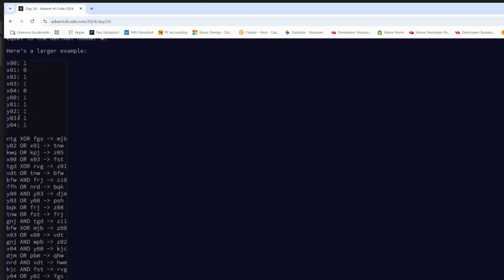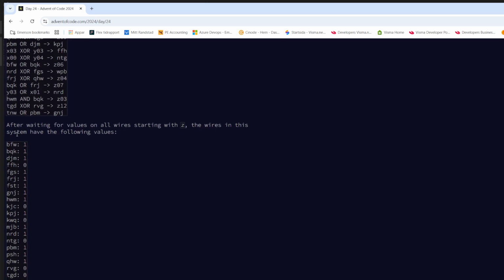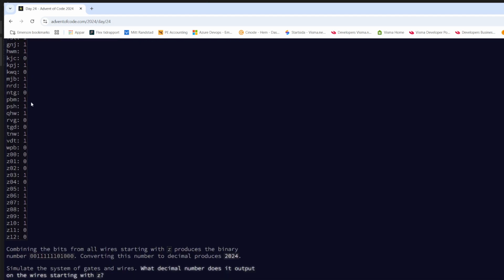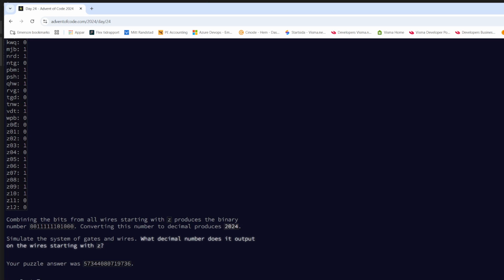Here we see a larger example. After the calculation has been done, we will have this result. As we are only interested in the z wires, we will just look at them. We combine the bits from the wires starting with z, which produces this binary number.